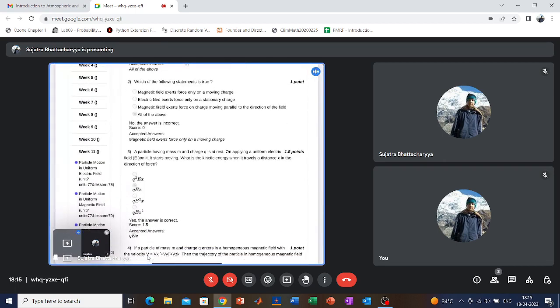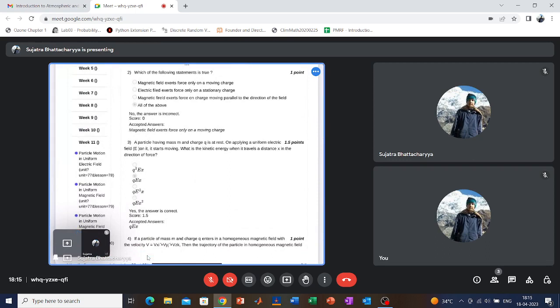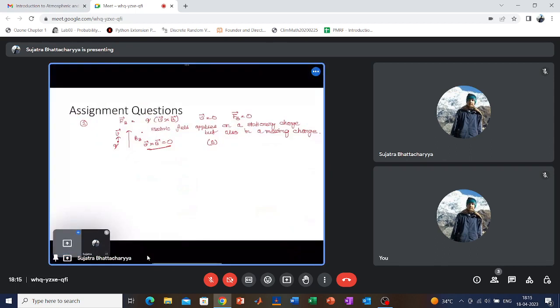Going to the third question. A particle having mass m and charge q is at rest. On applying a uniform electric field on it, it starts moving. What is the kinetic energy when it travels a distance x in the direction of the force? It's very easy. So a q is present, stationary, and the electric field is in this direction.